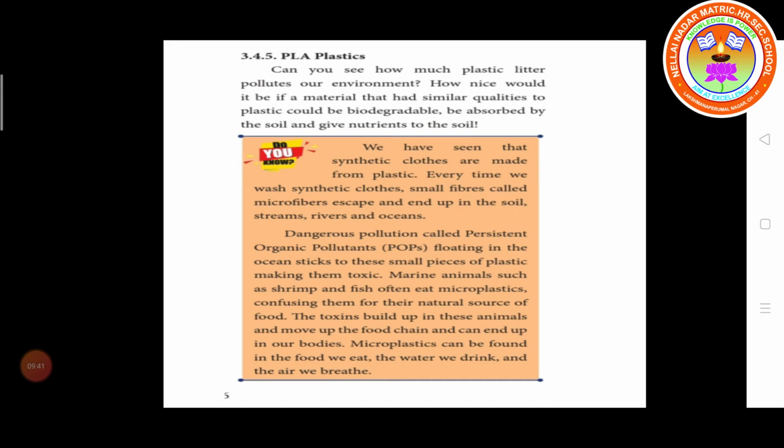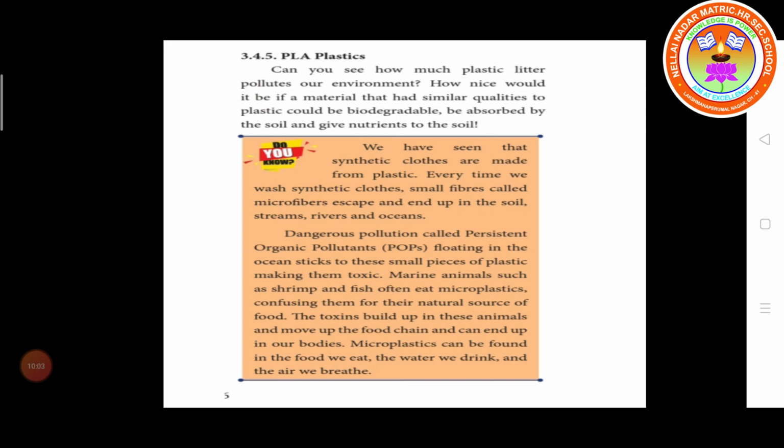Marine animals such as shrimps and fish often eat the microplastics, confusing them for natural food. So toxins build up in these animals and move up the food chain and can end up in our bodies.